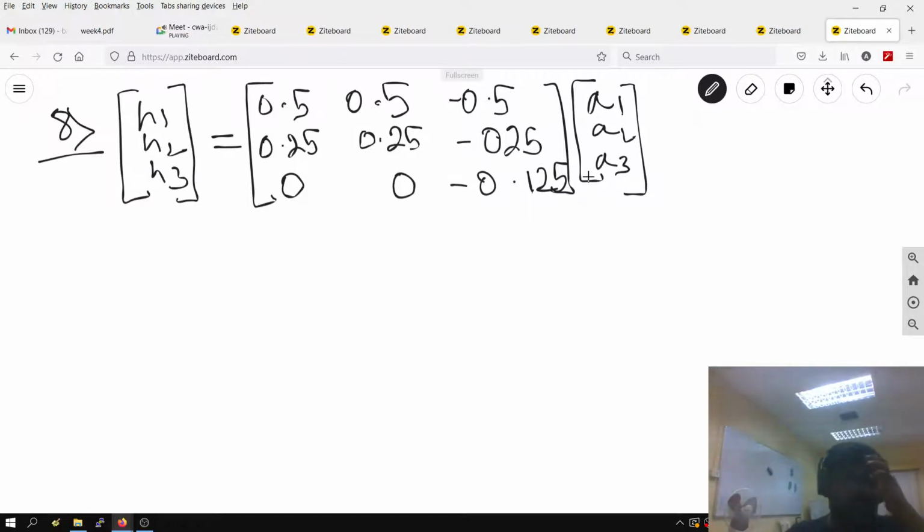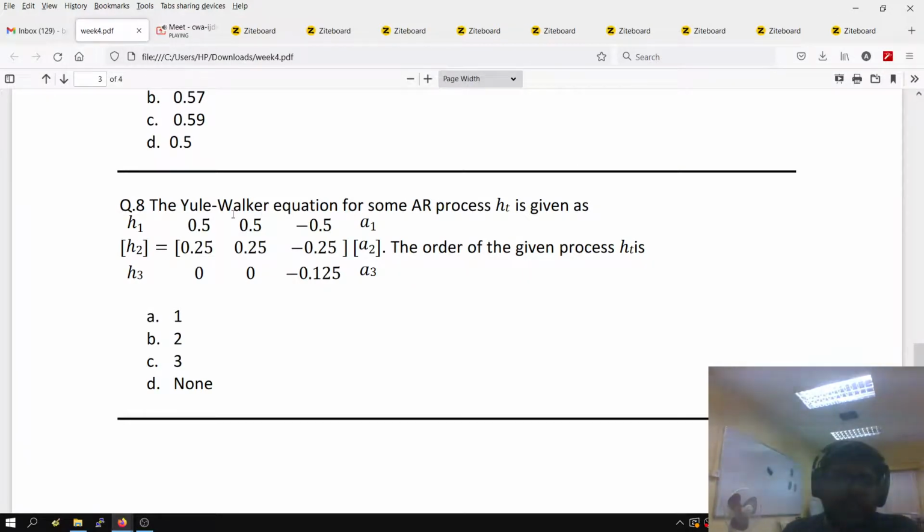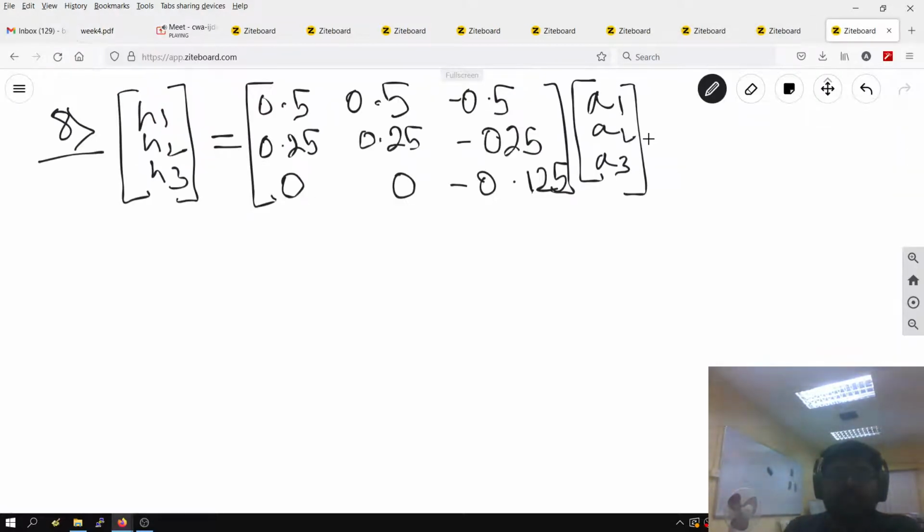So according to the question, the Yule-Walker equation is only given for this AR process. So these are the A1, A2, A3 factors, and these are the dependent factors. So how do these three things depend? See, it depends on this matrix.